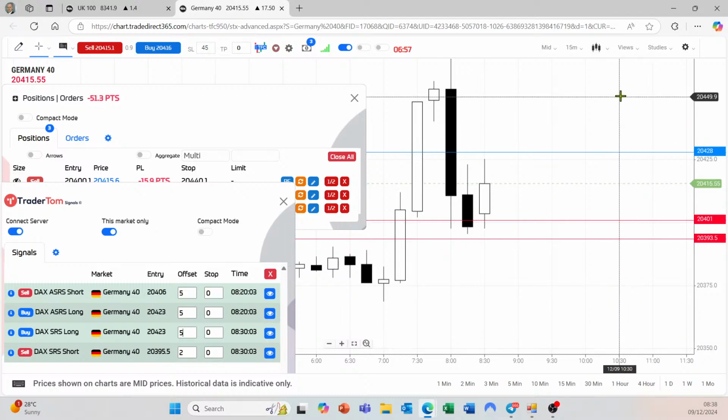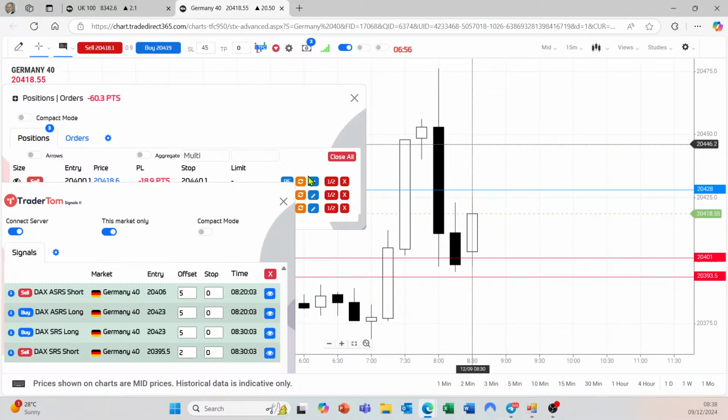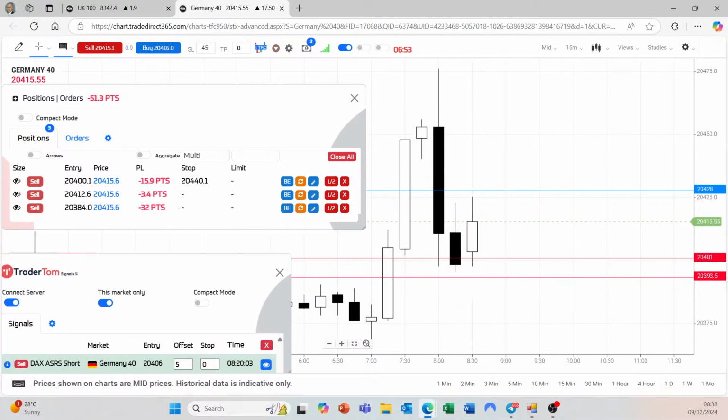So I think I'll probably move my stop loss to 28 as well.